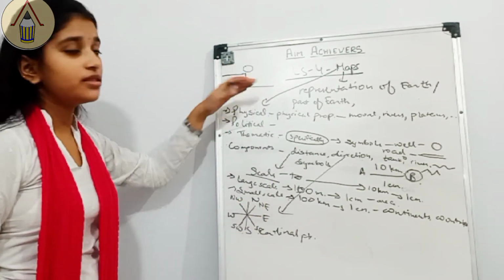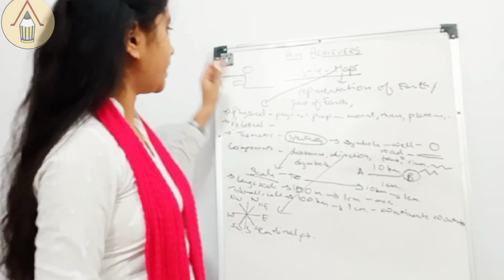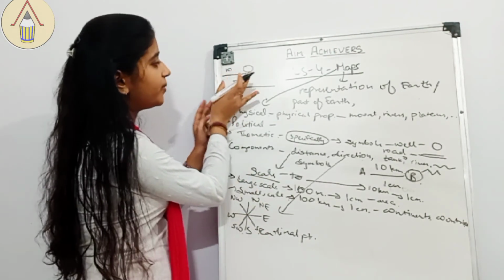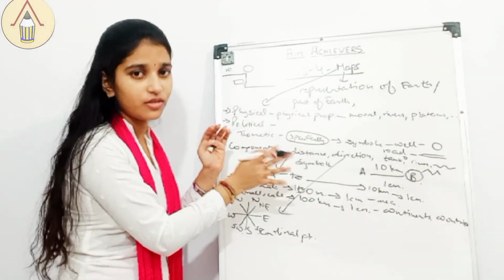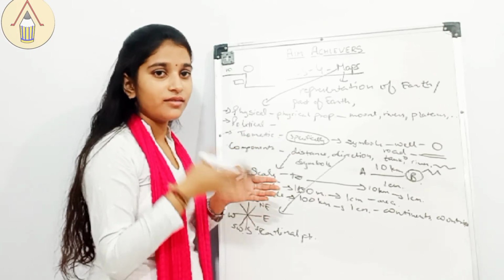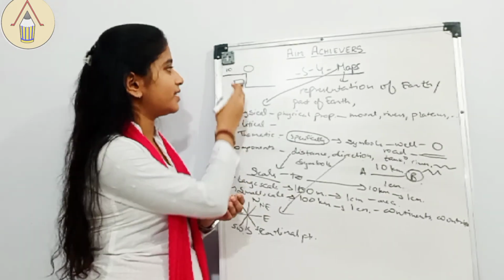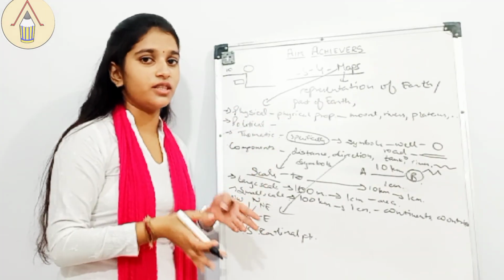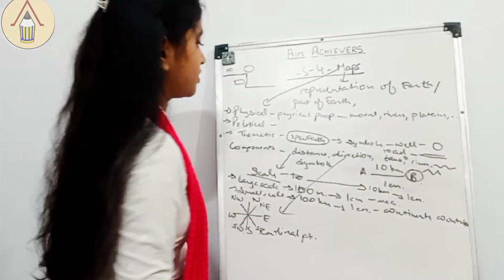So this is just a rough sketch. You are not telling that this is 10 kilometers and making a 1 centimeter line. You are not sticking to making a perfect plan. You just make a rough sketch. So this is an example of a sketch.